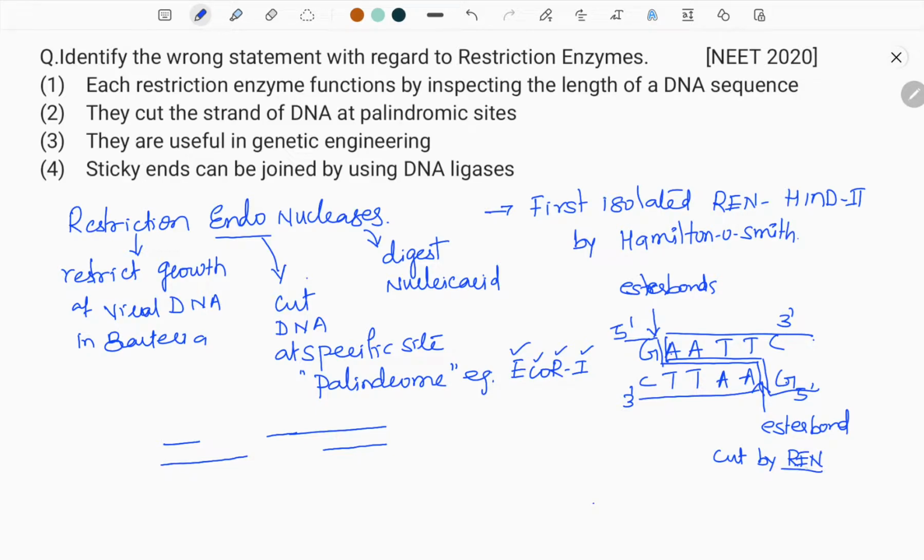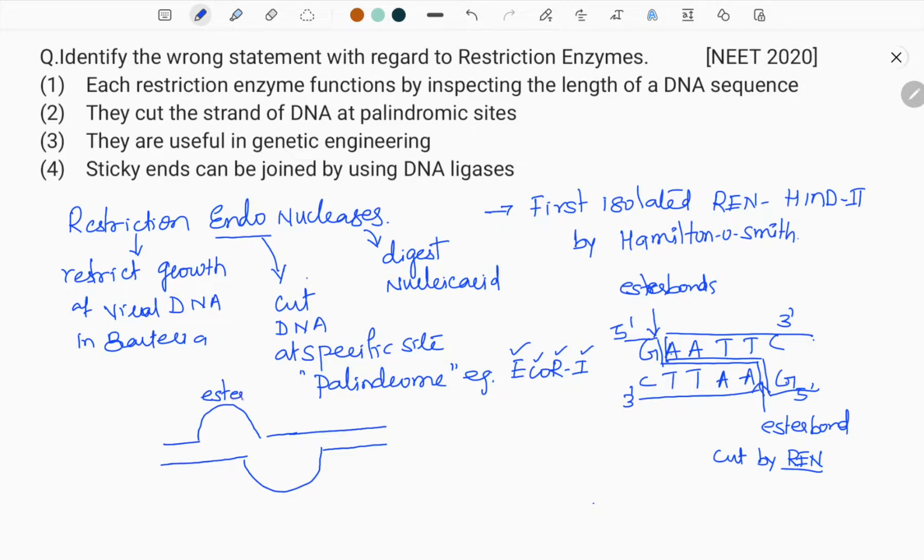So what is the function of DNA ligase? DNA ligase will join the ester bond. It catalyzes the formation of the ester bond. Where it is cut exactly, at that place the ester bond is joined between the sugar molecules of adjoining nucleotides.